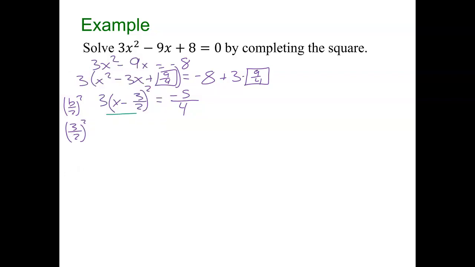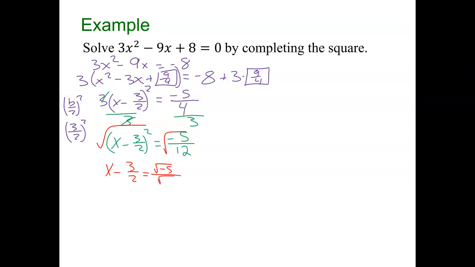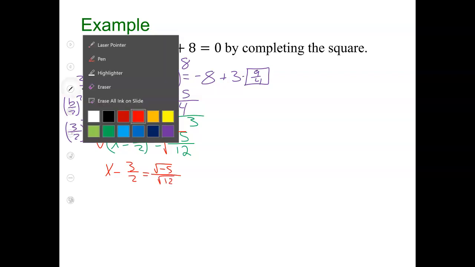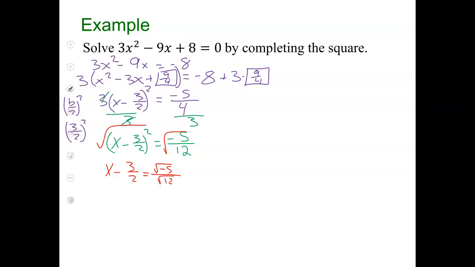Divide both sides by 3. Now I can square root both sides. Now, we can simplify both of those radicals.